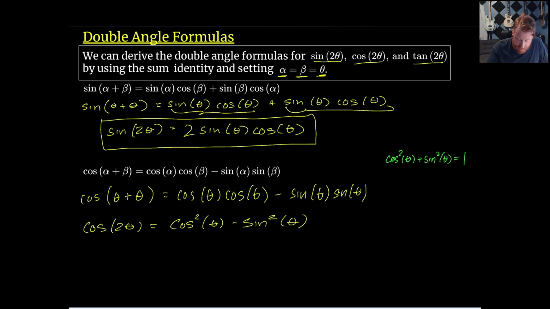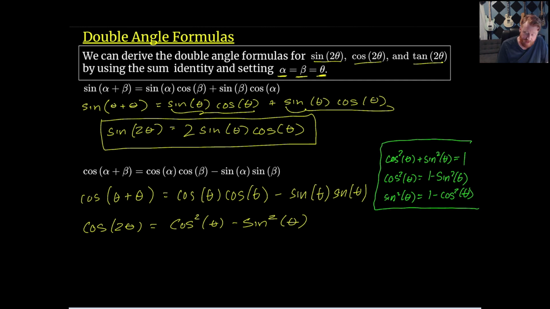We can rearrange terms here, as we've done in the past. I could write cosine squared theta is equal to 1 minus sine squared theta, or sine squared theta is equal to 1 minus cosine squared theta. These are all just rearrangements of the Pythagorean identity.